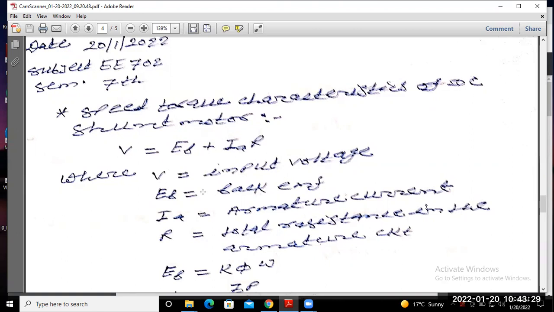Okay, so these are the parameters for the DC shunt motor.